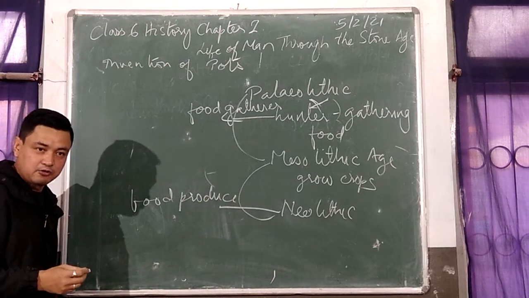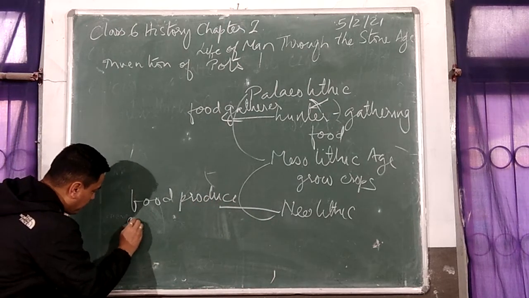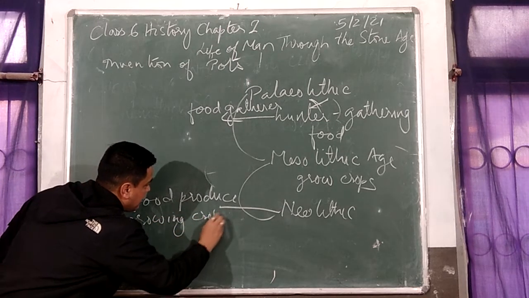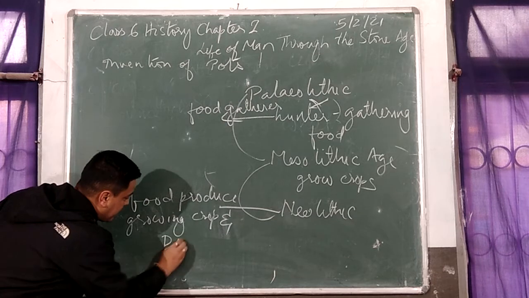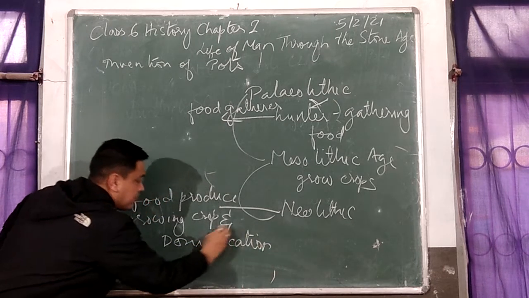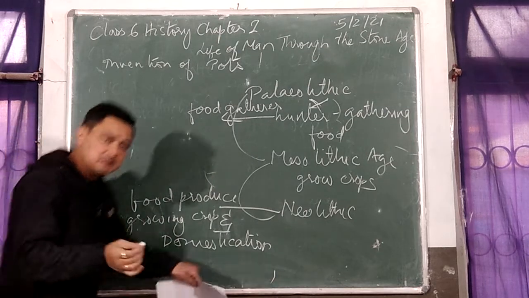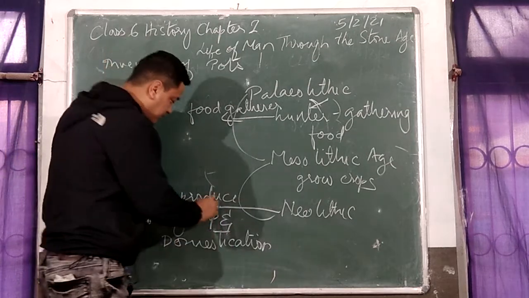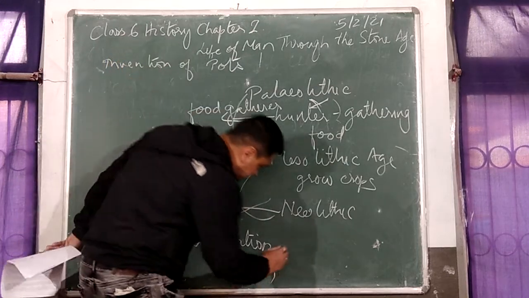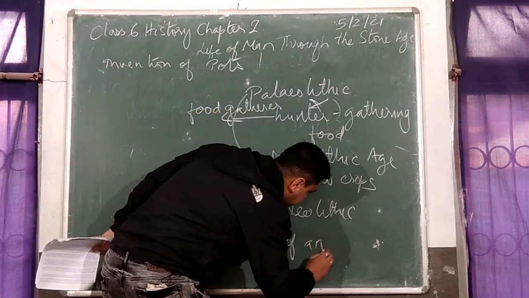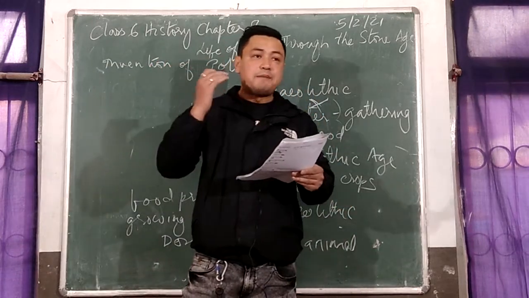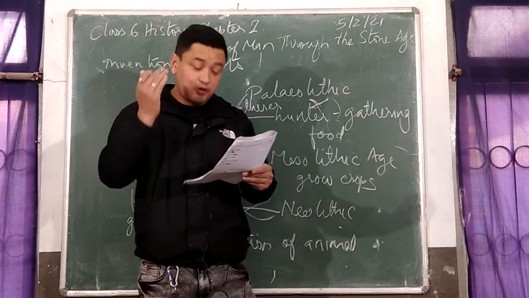By agriculture, by growing crops, and domestication of animals. If they wanted to eat meat, they kept the animals. If they wanted milk, they kept the animals. If they wanted rice, they grew rice in the fields. So this is known as food producers. Remember that.